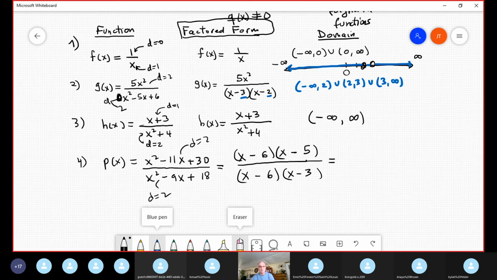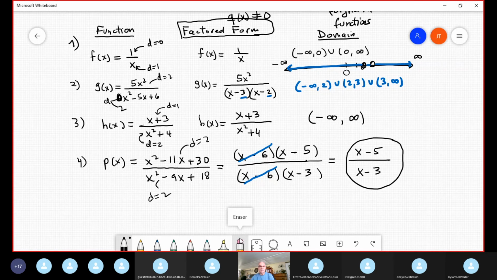This factor is cancelled, and you get this expression: x minus 5 divided by x minus 5. It's easier than the original, and we can manipulate it much better.